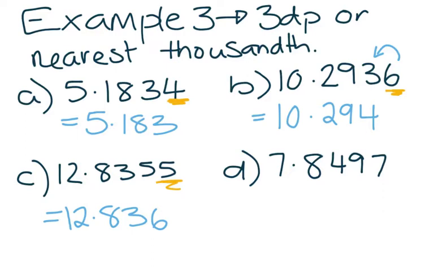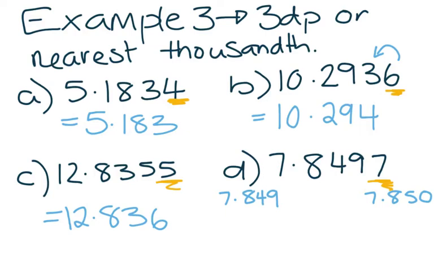The last one's a little bit tricky because I have a bit of a problem here in the way that it's a 7. Now the 7 means it's going to go up, but we can't go up with a 9, can we? We've got to think about what those boundaries would be on a number line. So you'd have one boundary as 7.849. The next boundary would be 7.850.